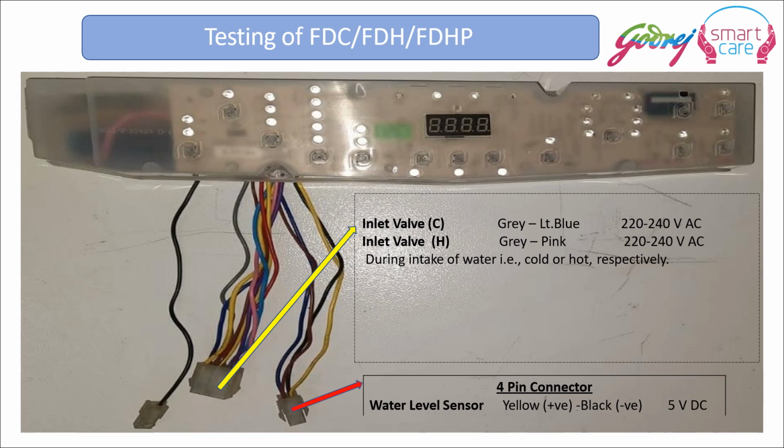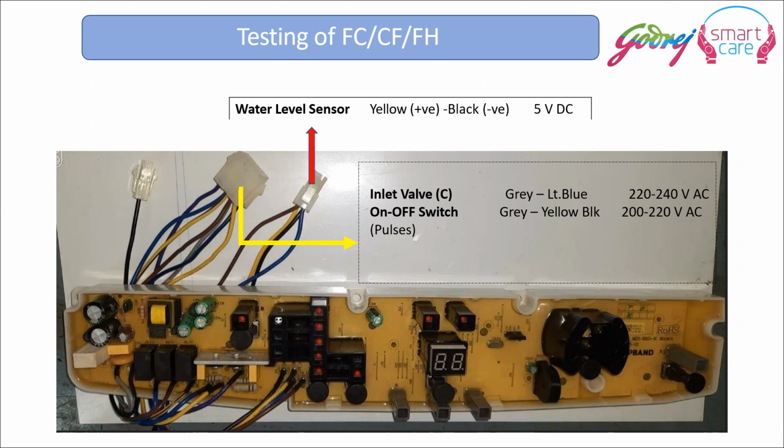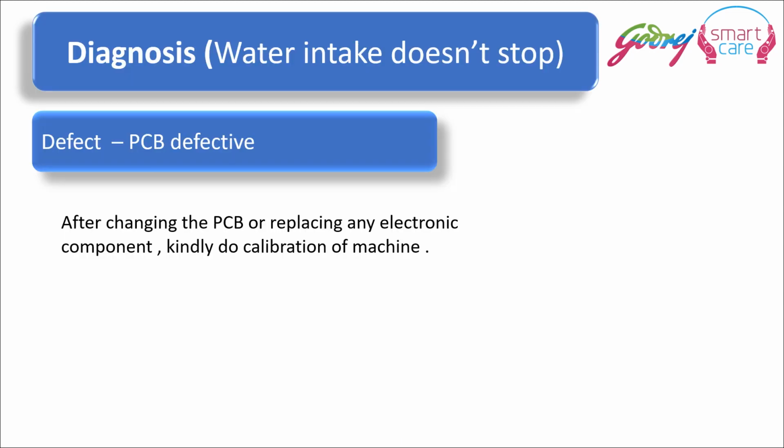Water level sensor for the 4-pin connector, yellow and black wire, is 5 volt DC. A similar fashion applies for FC, CF and FH.